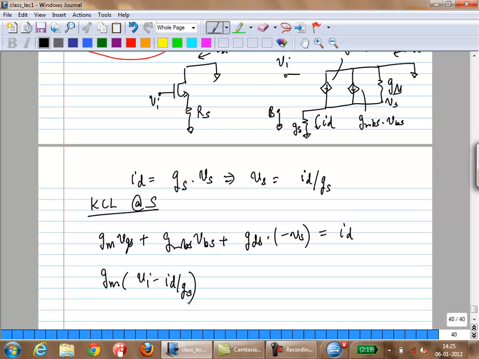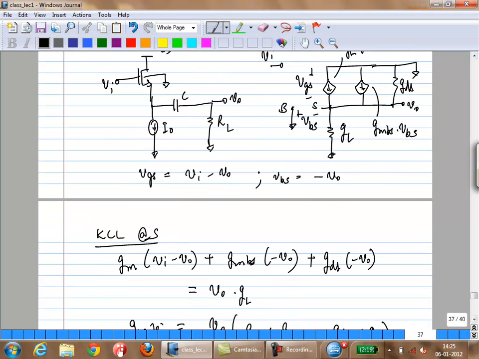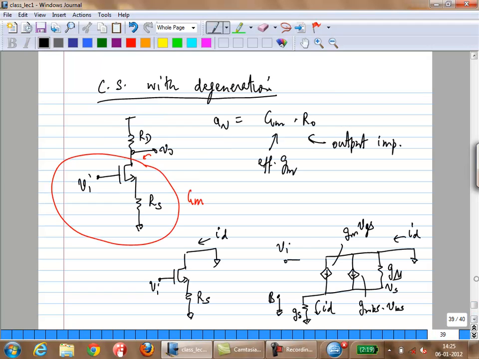Because remember, we are trying to bring it to the two parameters which you are interested in. What are we interested in here? This is what we are interested in, right? The effective transconductance is nothing but ID over VI, right? That's the reason why we are bringing everything in terms of ID and VI.